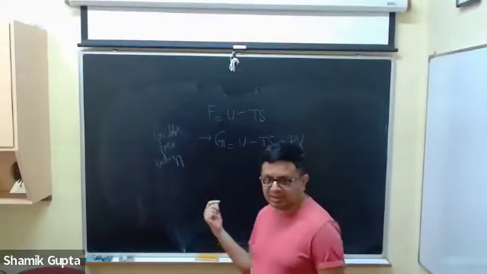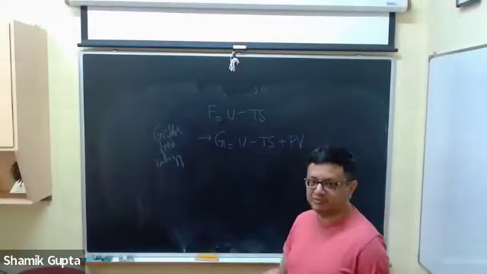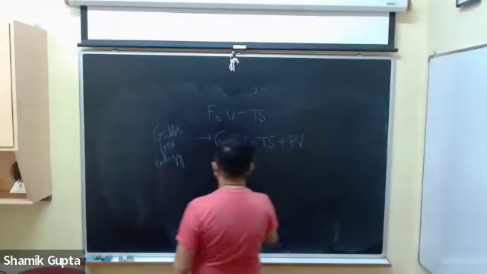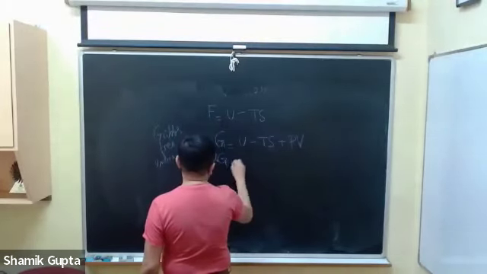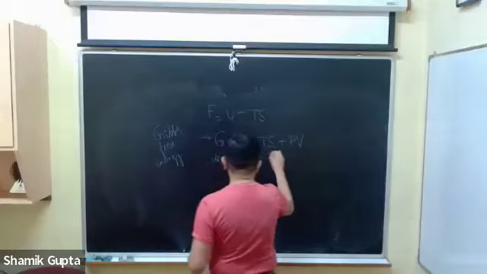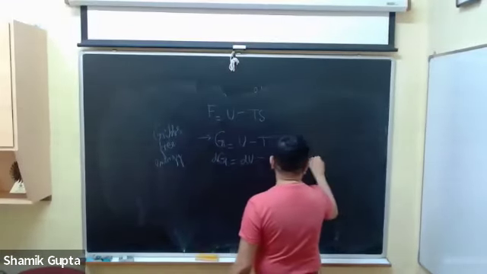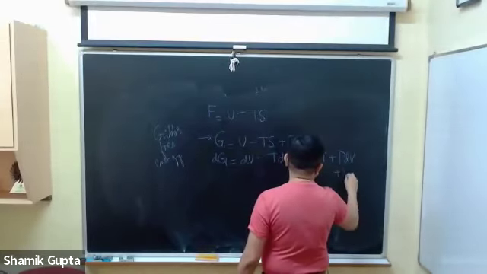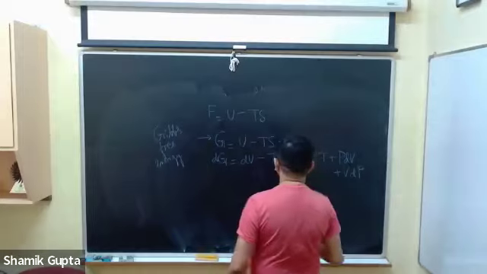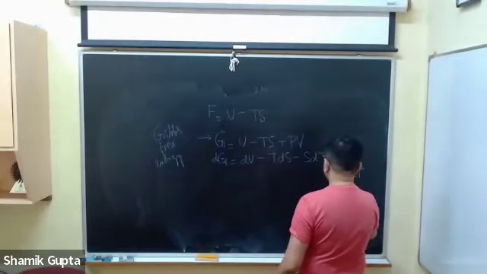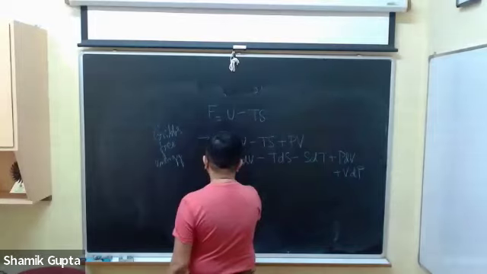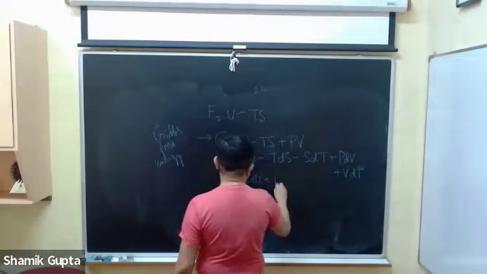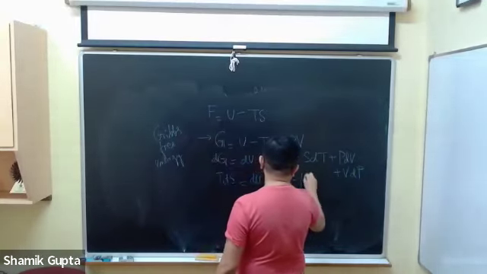We will see, but let's first see what we get from thermodynamics. So we have this definition for the Gibbs free energy. If you do dG, then you get dU minus TdS minus SdT, plus PdV plus VdP. But the second law tells me that TdS is equal to dU plus PdV minus mu dN.